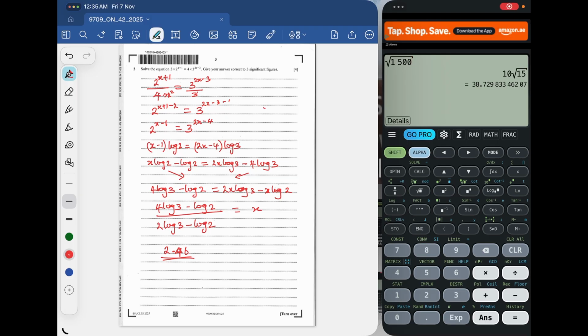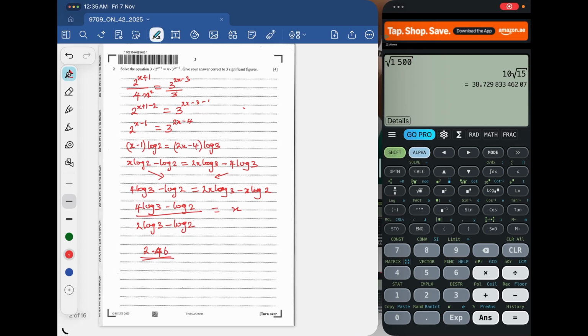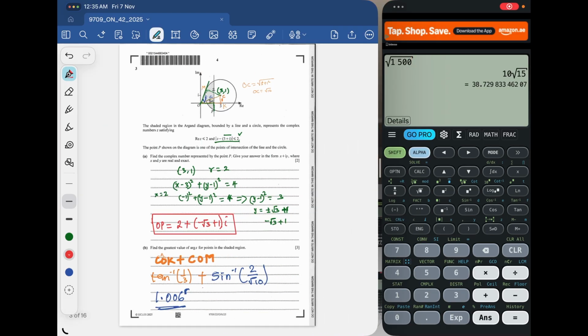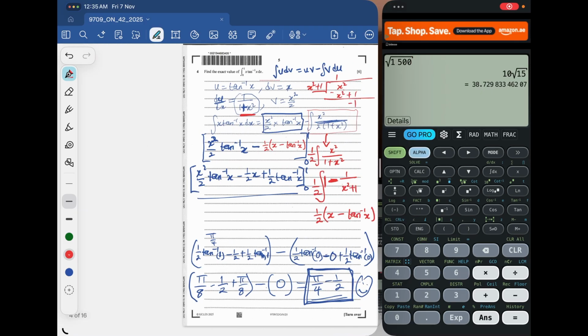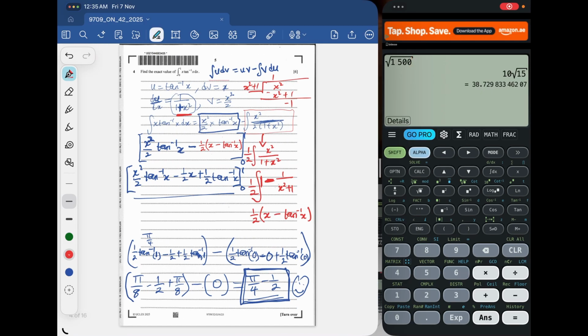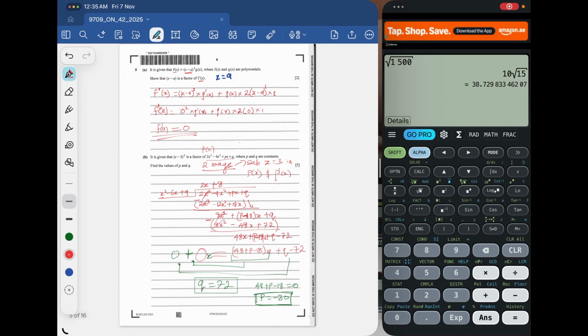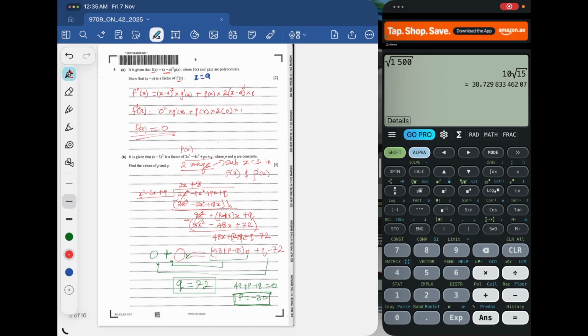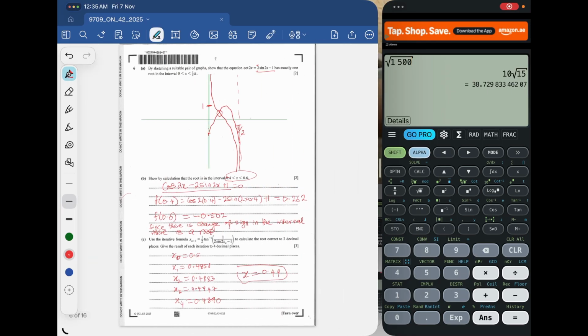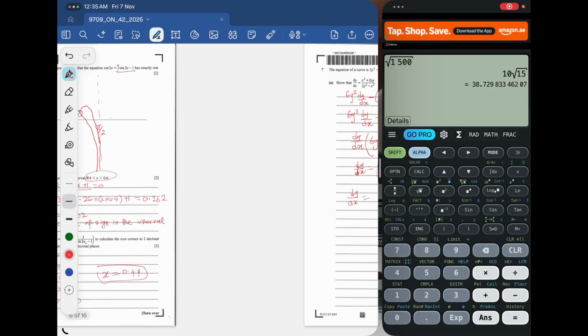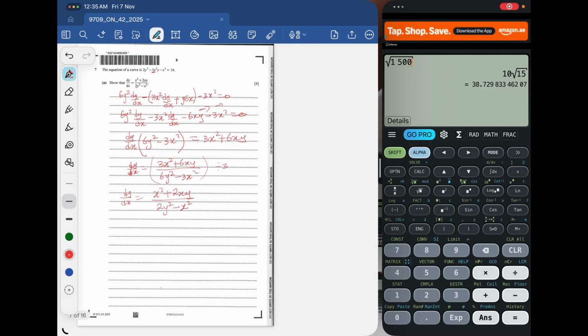This is for sure correct because you can use a calculator to verify your answer. And we had complex numbers, integration, algebra, graphs, and differentiation.